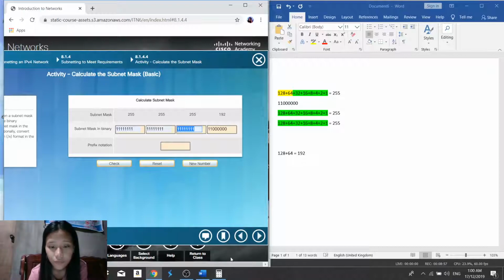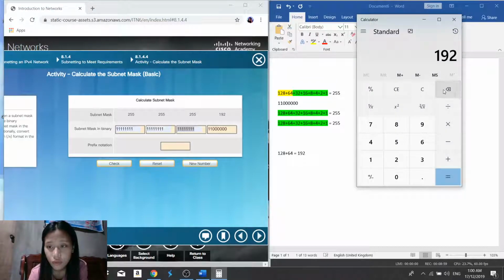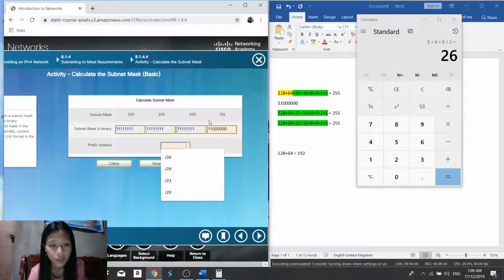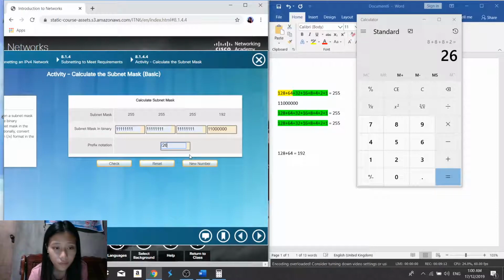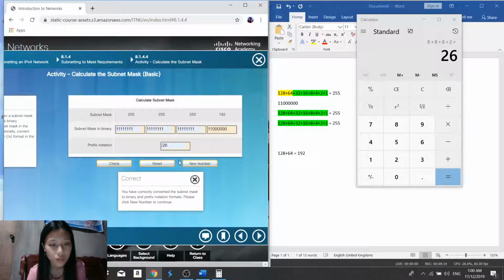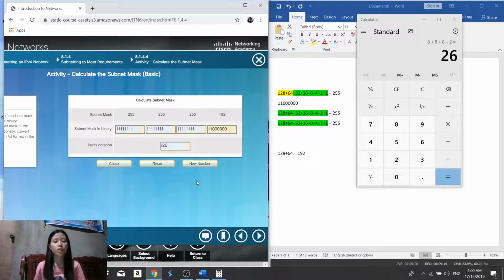So 8 plus 8 plus 8 plus 2. The prefix notation now is 26. So let's check. It's correct. That's how I calculate the basic subnet mask.